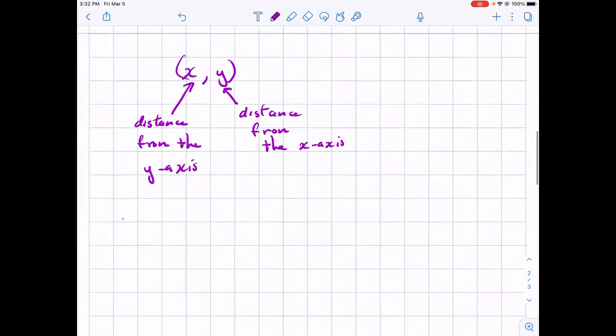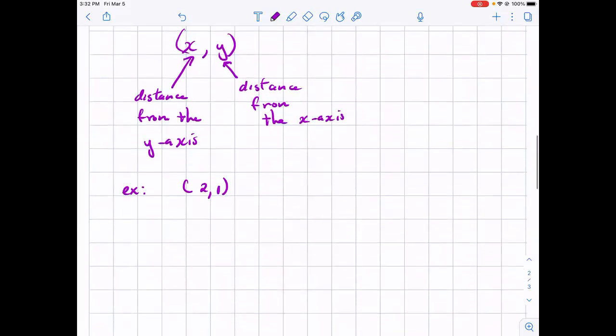So what does that mean? For example, if we have the point 2, comma 1, and I draw the Cartesian plane here, it means that 2, we have 2 units from the y-axis. So if this is the y-axis, and I put some numbers in here, it means I'm going from here this way, 2 units.